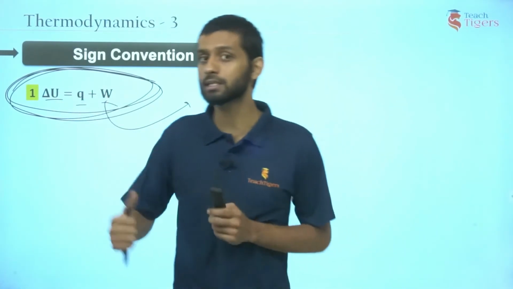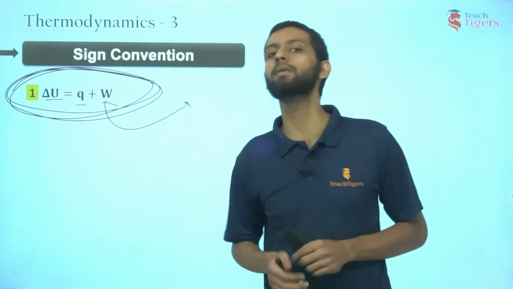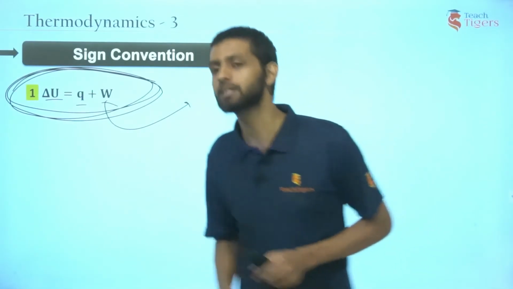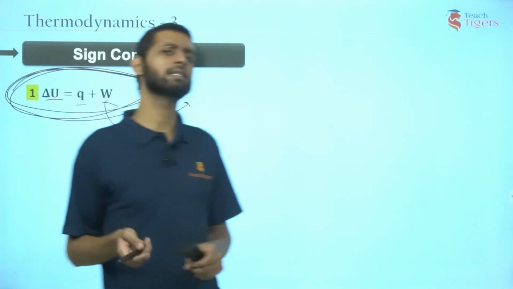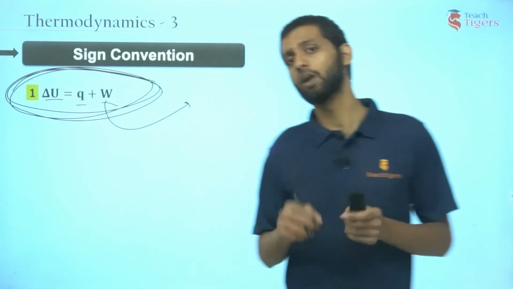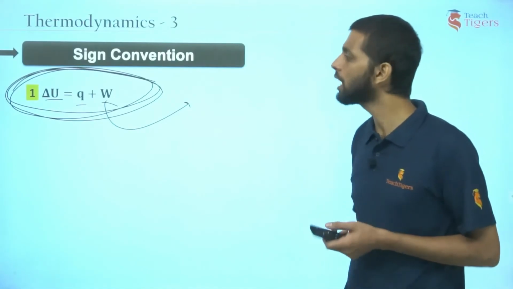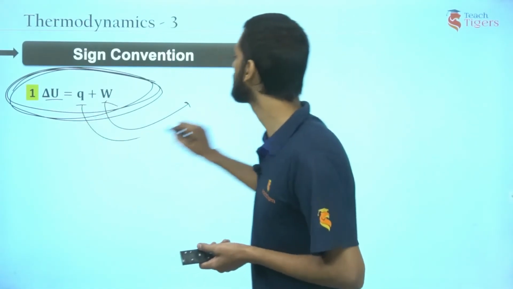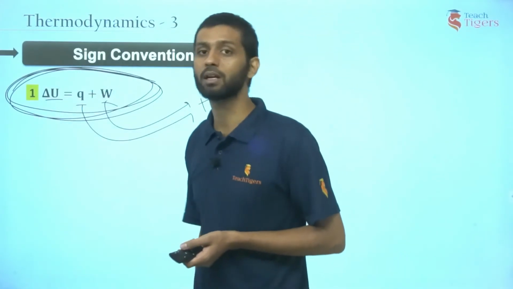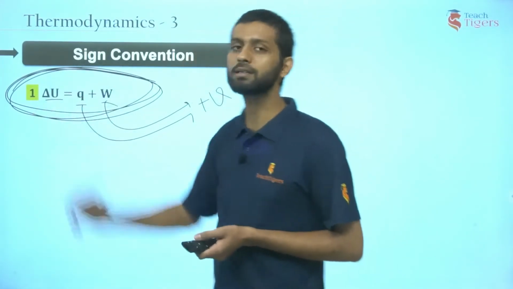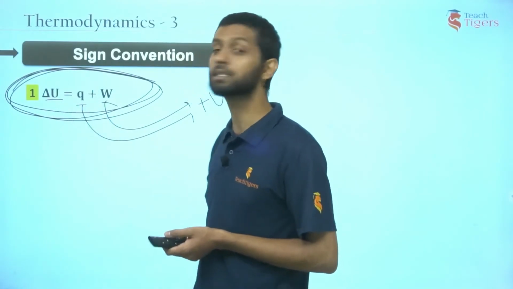Similarly, if you heat the system, should the energy of the system increase or should it decrease? The answer is obvious. If you heat the system, it should be positive. So positive when you increase the system's energy. W is positive, increases the system's energy. Q is positive, increases the system's energy.